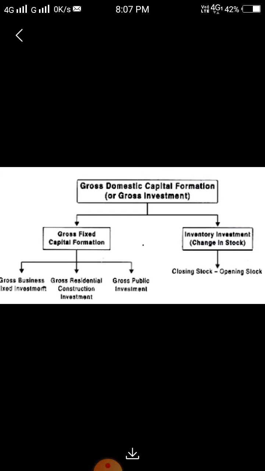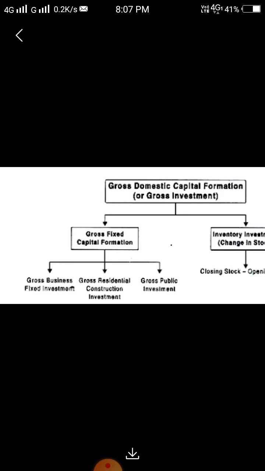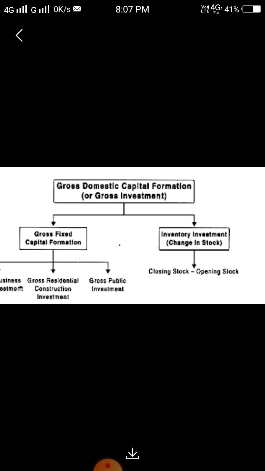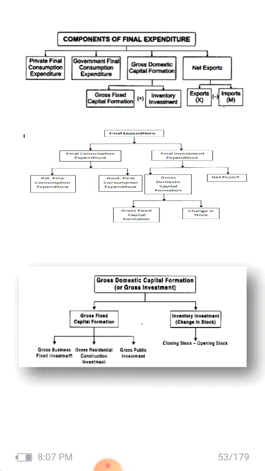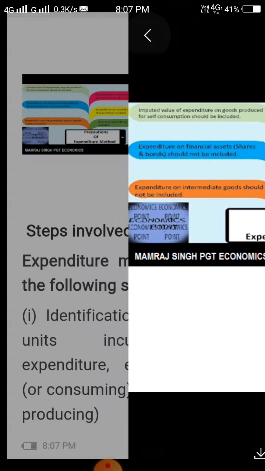The gross domestic capital formation or gross investment: gross fixed capital formation means gross business fixed investment, gross residential construction, gross public investment, and inventory investment, change in stock, that is closing stock minus opening stock. So we understand all these things.